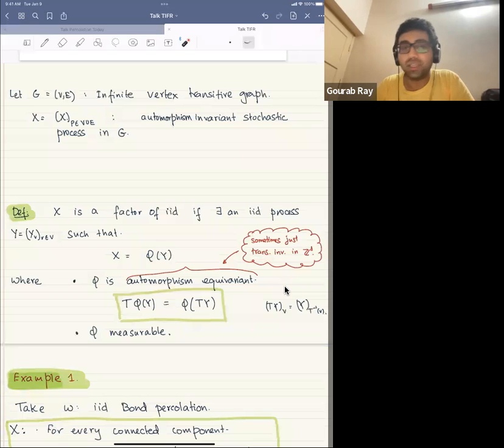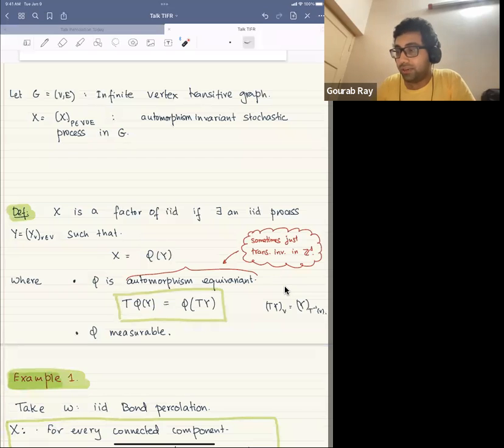So suppose you have a stochastic process like this, and the question is how different it is from an IID process. The definition is that X is a factor of IID if there is some IID process. You're free to choose your IID process. Usually just taking IID uniform [0,1] is more than enough.